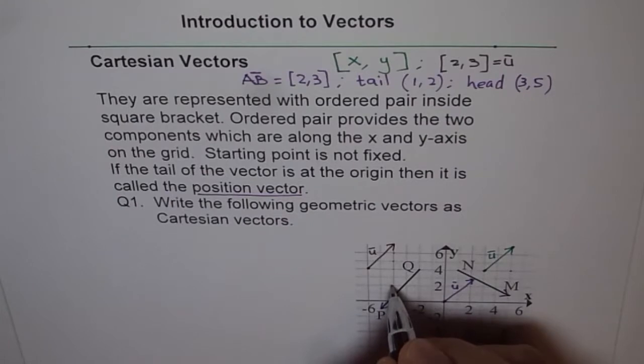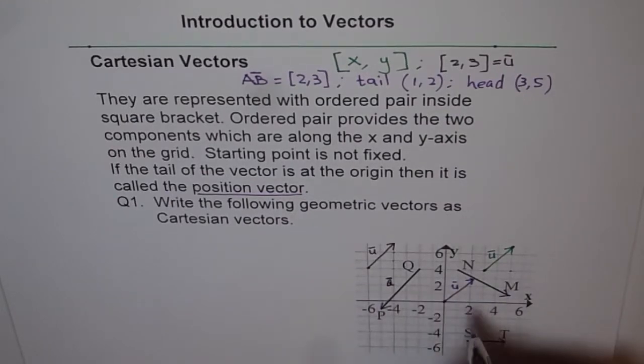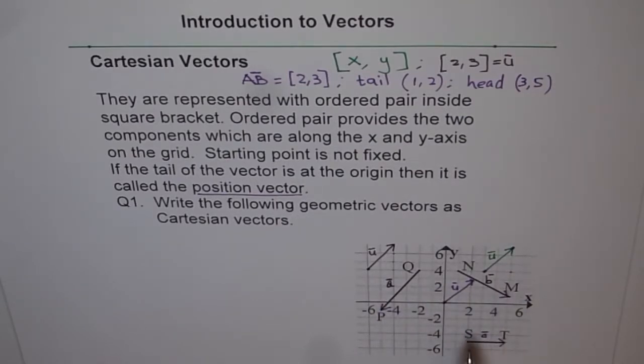This is my vector A, this is my vector B, this is my vector C. You could write AB, or you could always write Q to P, N to M or S to T, any way you like. That is an exercise which you should do, and I hope you don't find any difficulty in this.